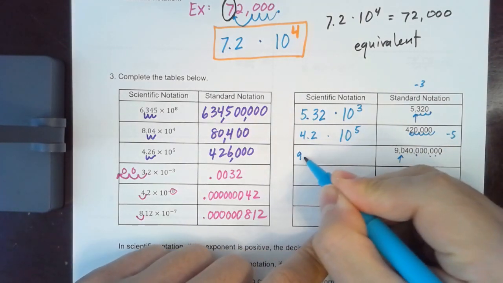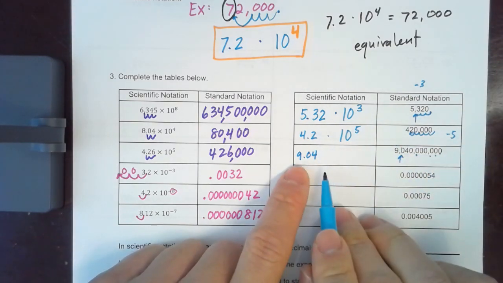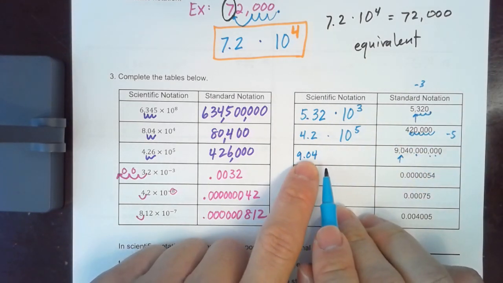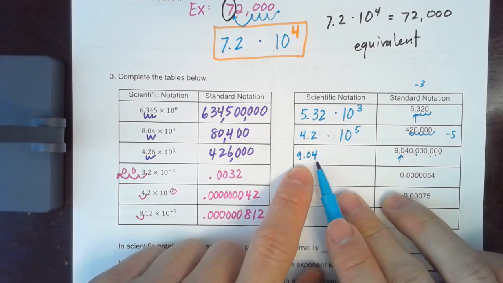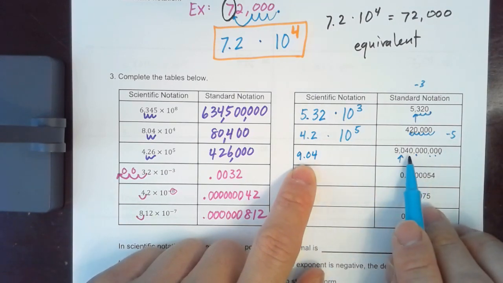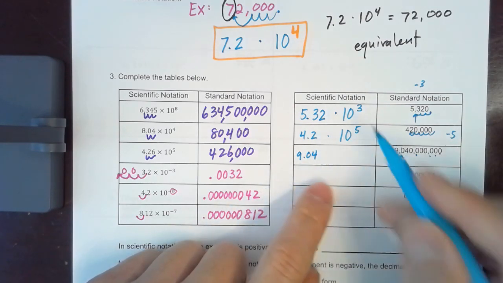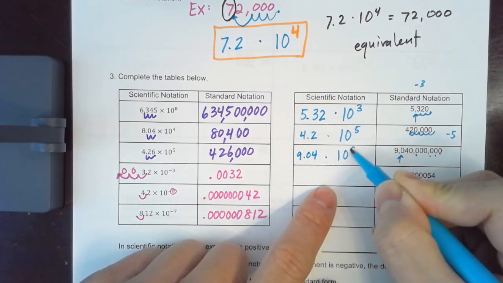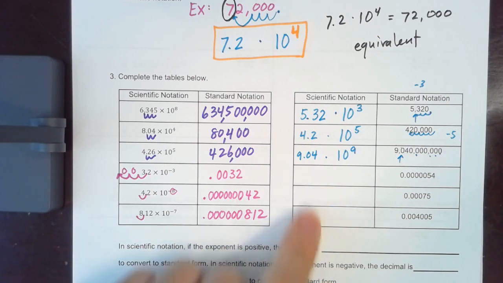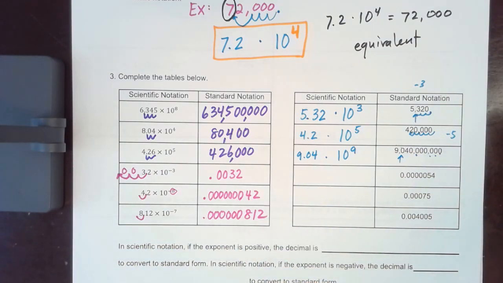So then I write 9.04. Please don't forget to write the 04, right? You might think that that's barely anything, but in this case, that's 40 million that you can't ignore, right? So 9.04 times 10 to the 9 is going to be our scientific notation.